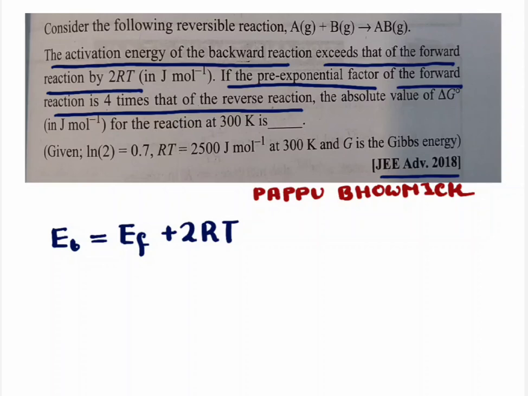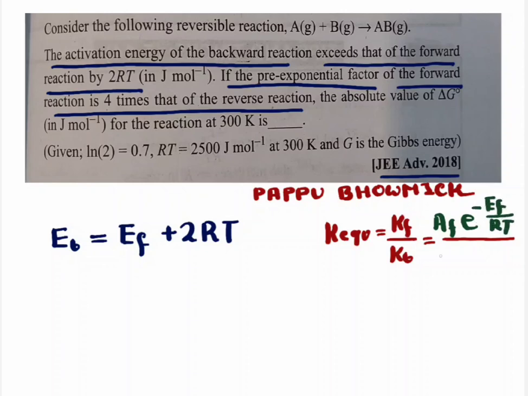So from the question we can write K equilibrium. What is K equilibrium? It is forward by backward. So if we use the Arrhenius equation in both cases, forward and backward reaction, it will be A_F e to the power minus E_F divided by RT, and this will be A_B e to the power minus E_B divided by RT.